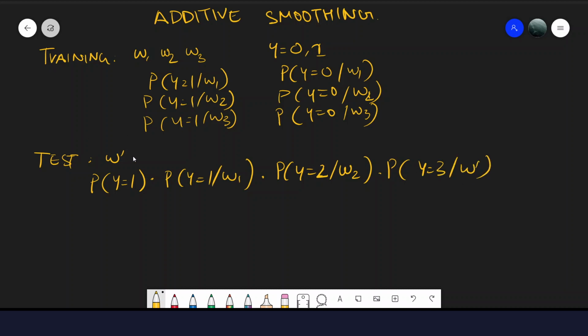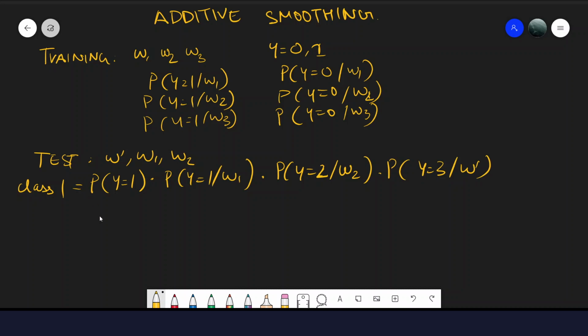Okay, let's assume that in the test corpus you got words w dash, w1, and w2. So if you want to calculate the probability that all of this text belongs to class 1, this is how you would do it. This is the formulation for the naive Bayes classification model.